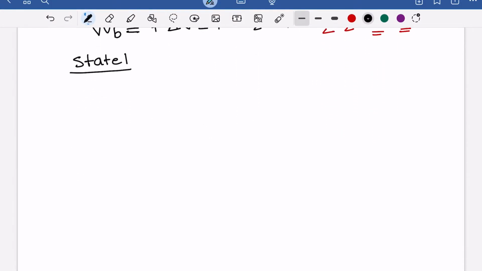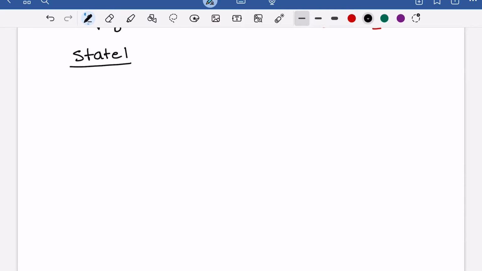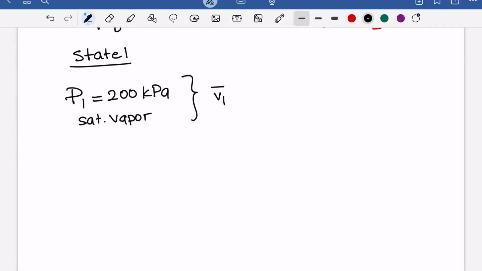If we analyze the first state, we are given the pressure and we are also given the information that we have saturated vapor. So together this information should be enough for me to look at the right table to read the specific volume.